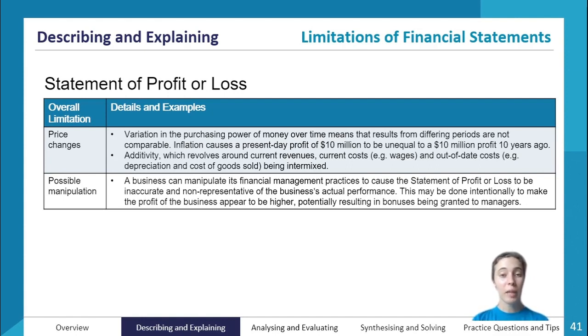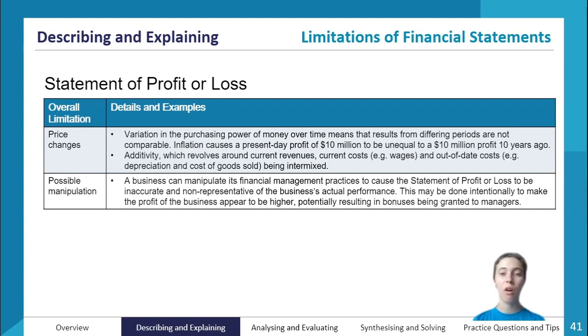And then finally, possible manipulation. A business can manipulate its financial management practices to cause the statements to be inaccurate in some way, to misrepresent the actual performance.